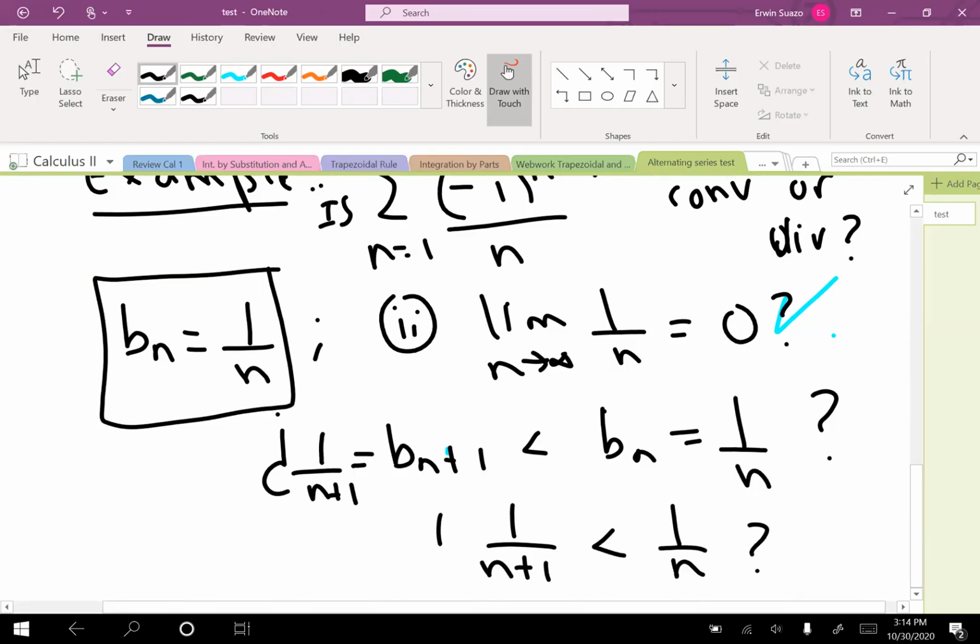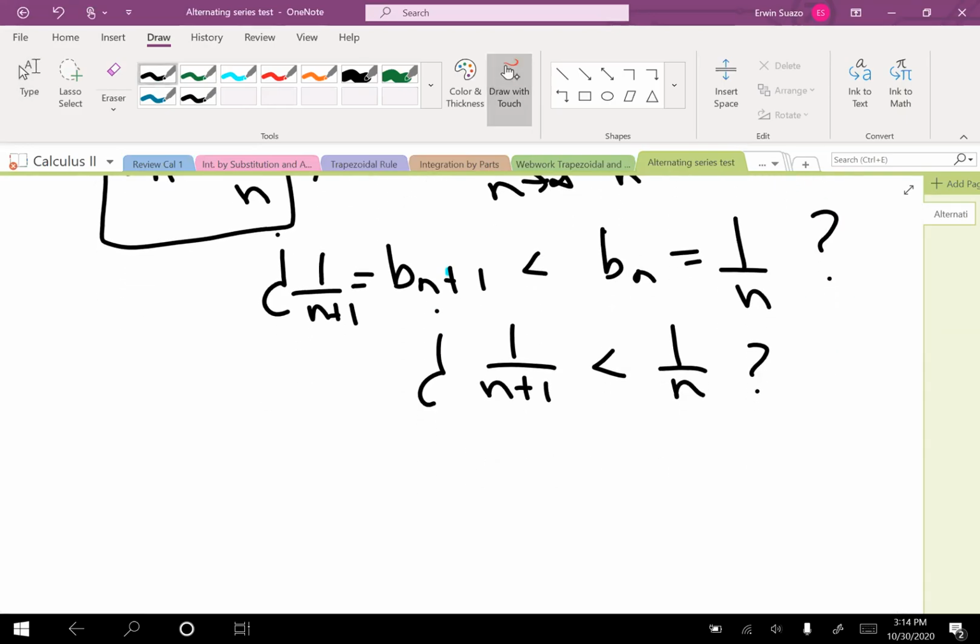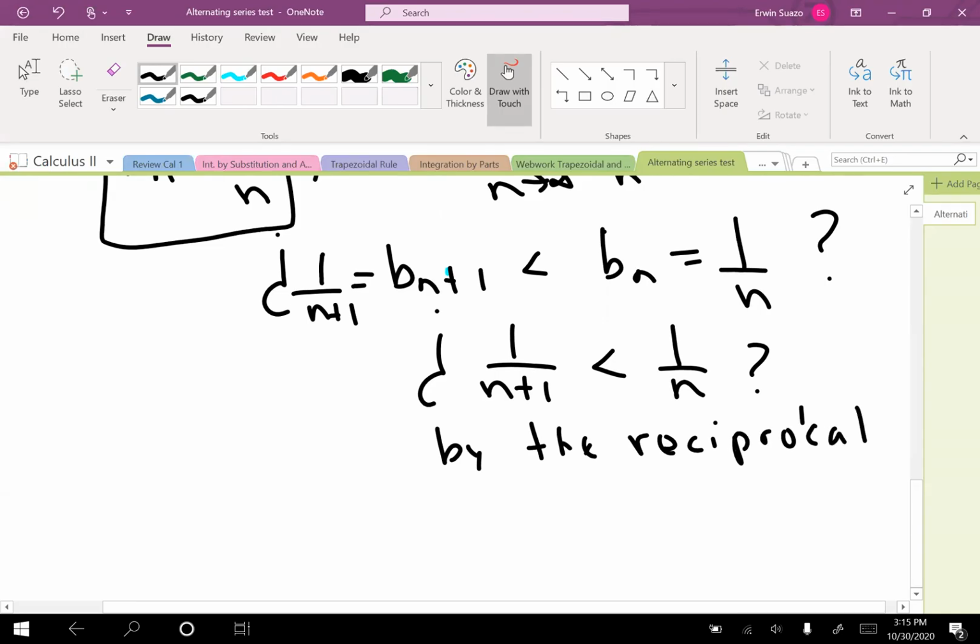We are asking this. Is this true or not? Yes. Yes, because by the reciprocal, let me call it reciprocal. I'm not sure if I'm calling it correctly, but by the reciprocal, I need to call it somehow. Because this is important, okay?